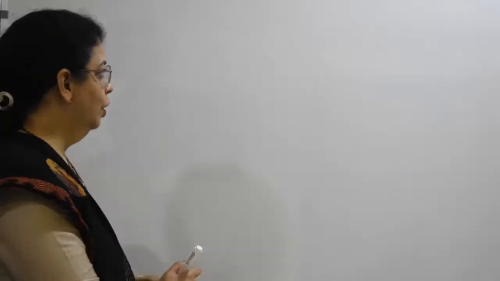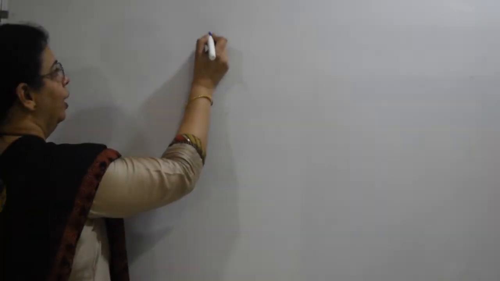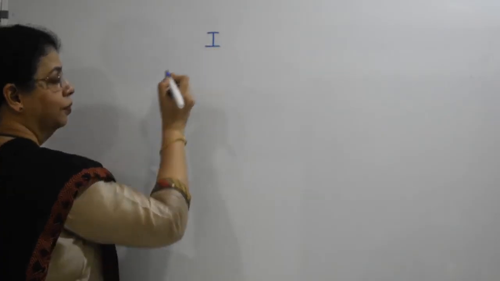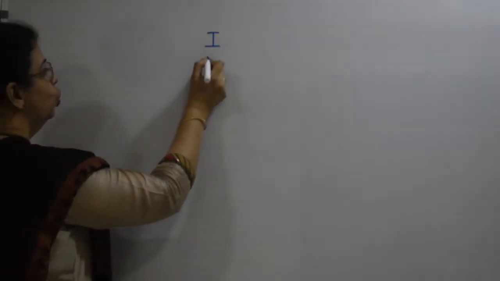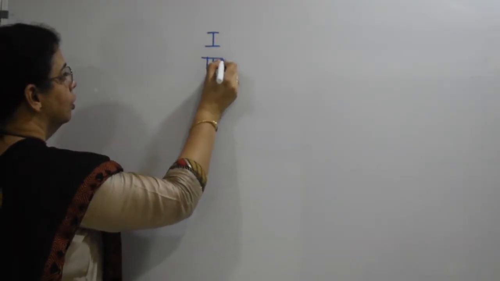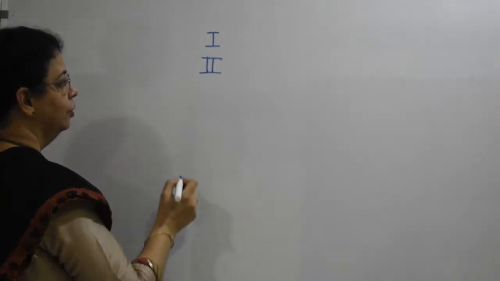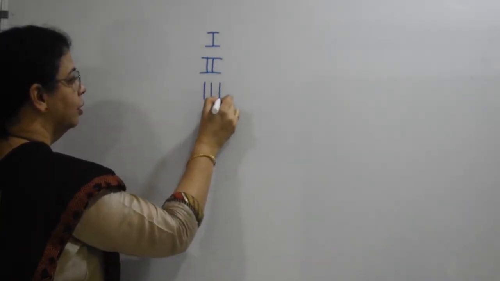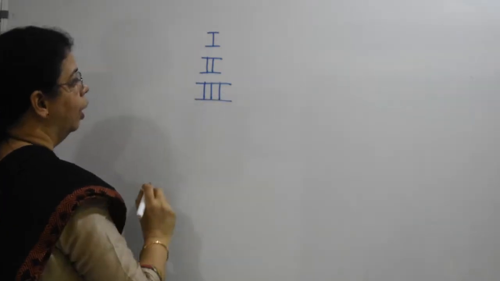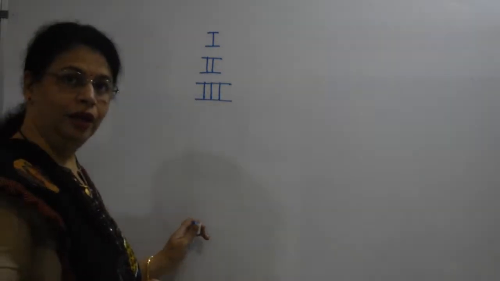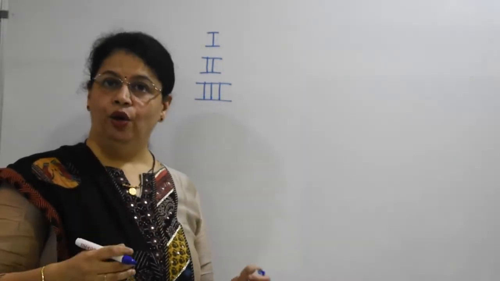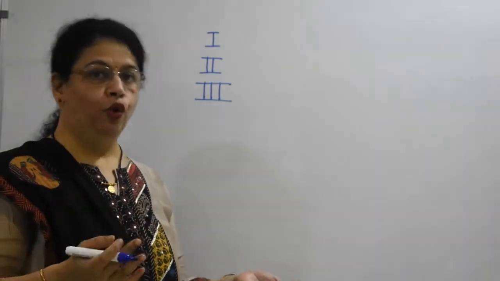Students, now we will start forming the numbers. How can we write 1? 1, right? 2, 3. Now 3 times I have used. I cannot use I for the 4th time.